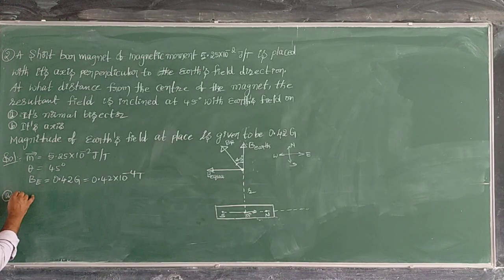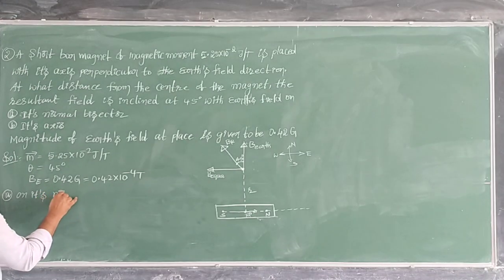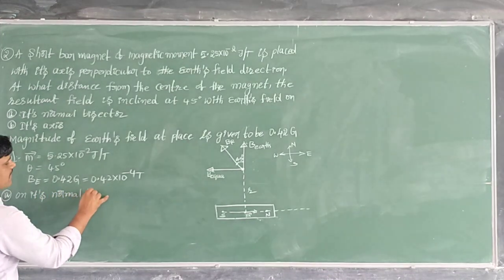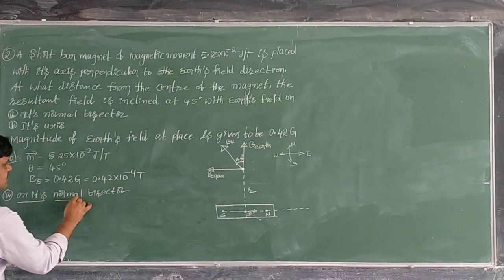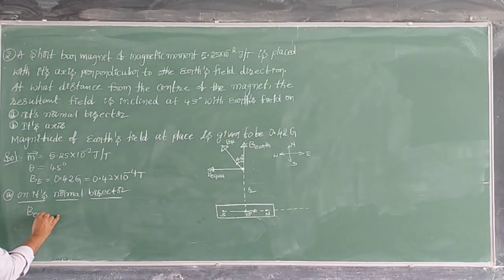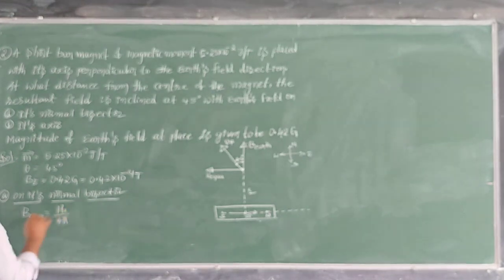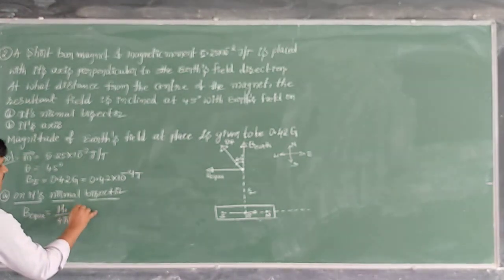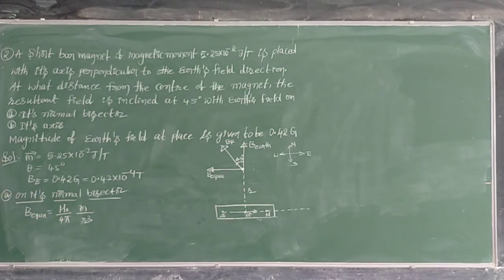First one, on its normal bisector. Normal bisector means the equatorial line. On the equatorial line, the magnitude of the magnetic field is mu naught by 4 pi into m divided by r cube.